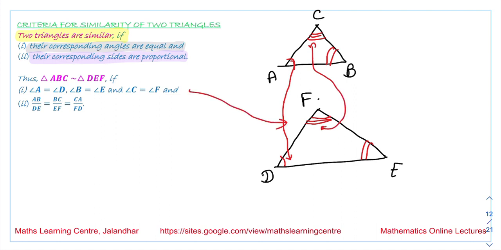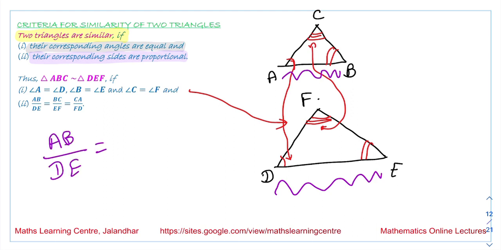This is our first condition. And second condition is that AB over DE should be equal to BC over EF.